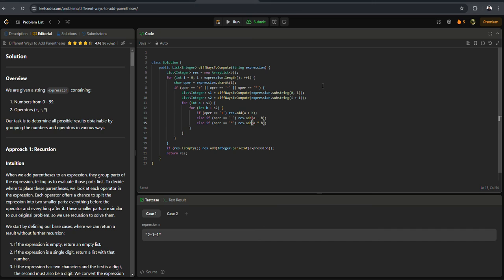And lastly, if our list is empty, then the expression is a single integer, so we convert it to an integer and add it to the list.